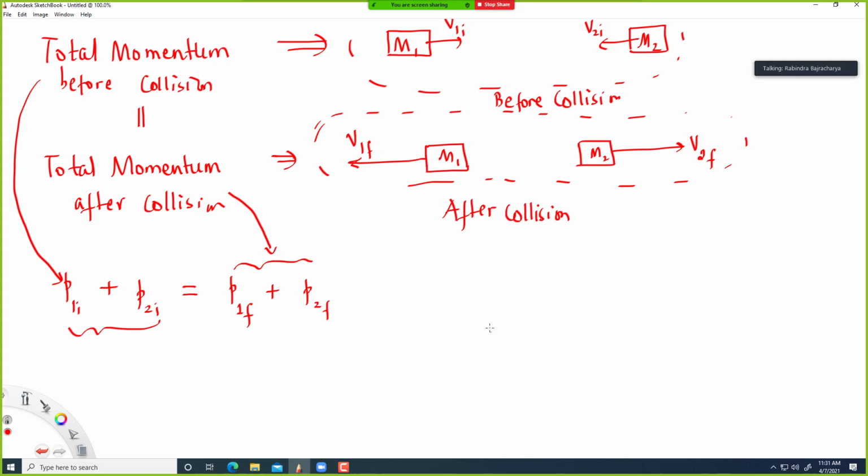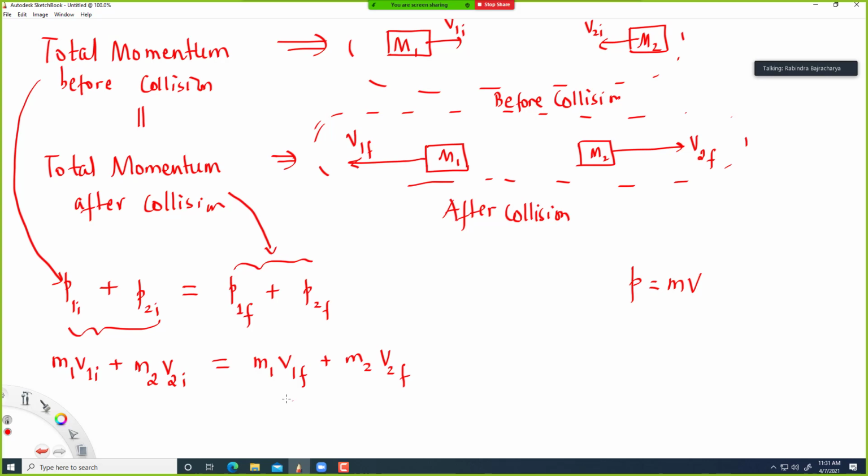So we can further expand this. The formula for momentum is m times v. Here we are talking about mass 1 and velocity of 1, and it's initial. Here we are talking about mass of the second object, velocity of the second object, and it's initial. Here we are talking about mass of first one, velocity of first one, but it's final, mass of second one, velocity of second one, and final.